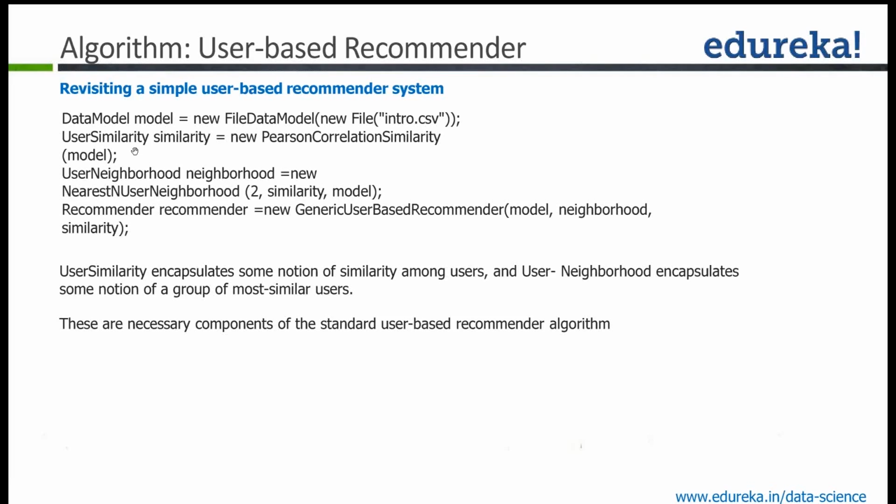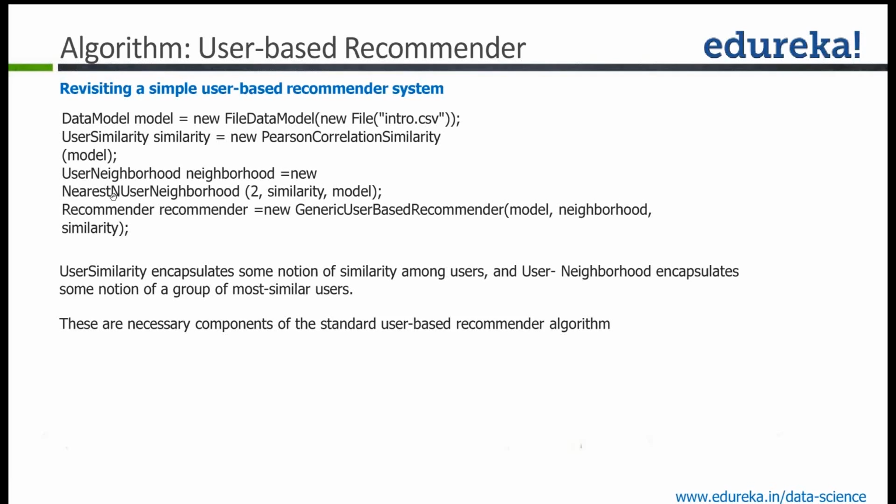Okay, and I'm creating a similarity measure, and in this case I would like to use Pearson correlation similarity. For that I'm providing my data, obviously, because only from this data I can compute similarities. And then I'm defining a notion of user neighborhood, and in this case I would like to use the nearest n neighborhood, as opposed to the threshold method.